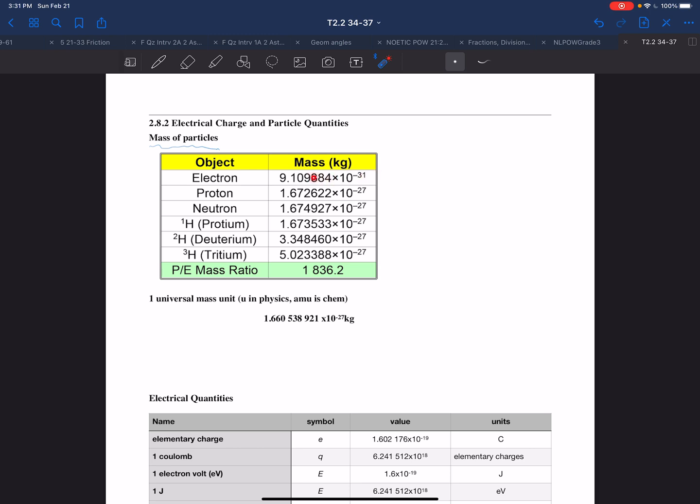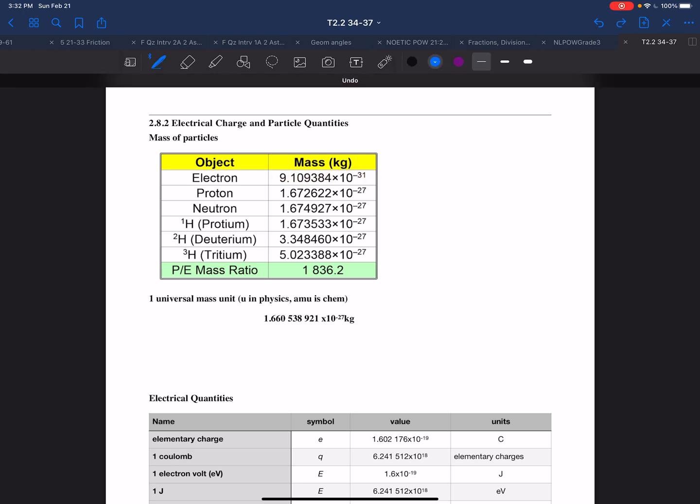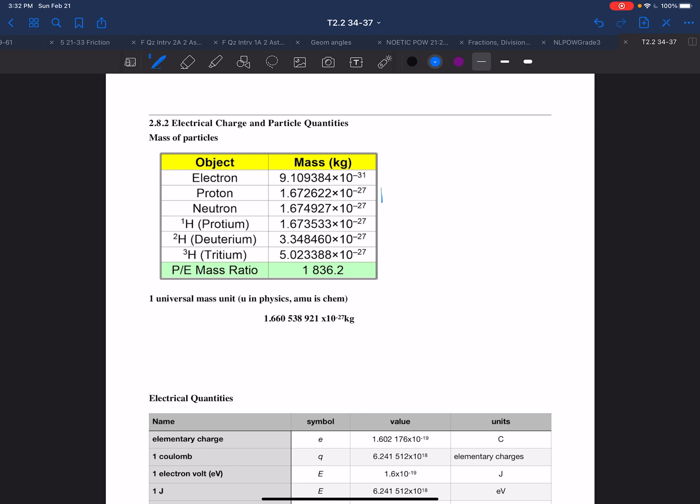When we look at the mass of an electron, we have it here in kilograms, in absolute terms. Now in chemistry, we learned to give proton and neutron one atomic mass unit, because we didn't need to be that precise. But it turns out when we look at protons and neutrons, we do think they have the same mass.